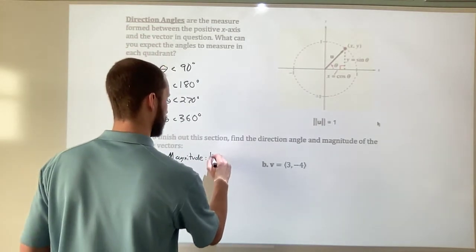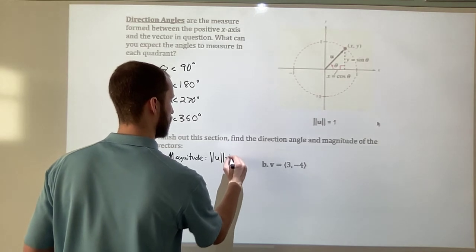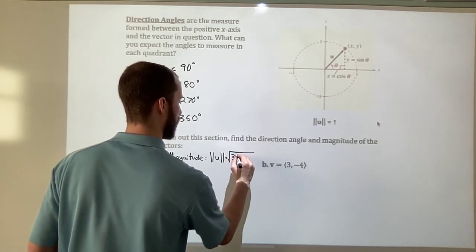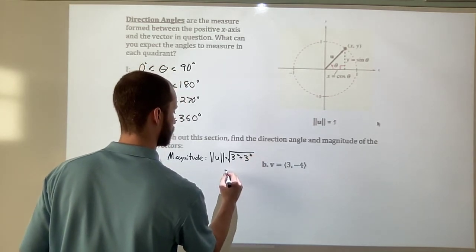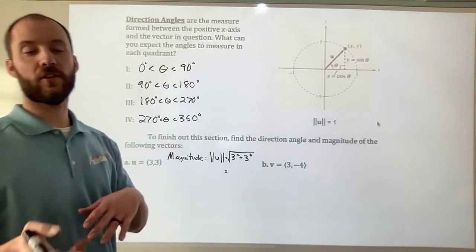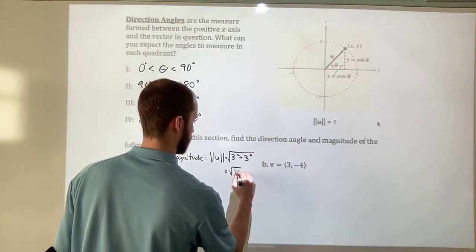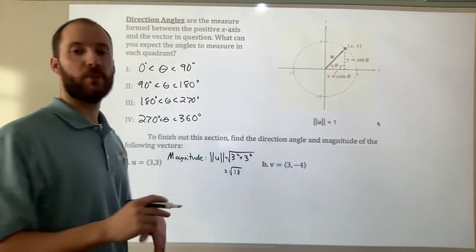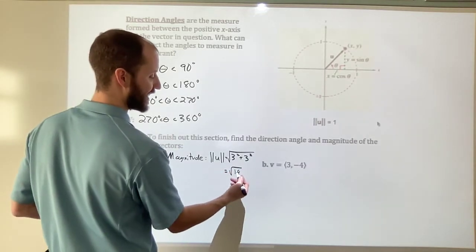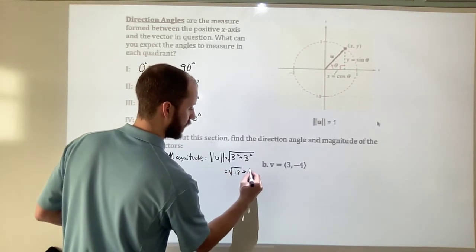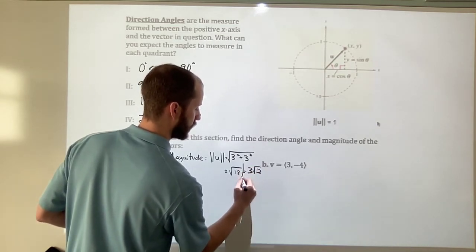So the magnitude of u is going to be the square root of 3 squared plus 3 squared. So that's going to give us root 18. Which if we break that down into simplest radical form, this is root 9 and root 2. So root 9 gives us 3 root 2.